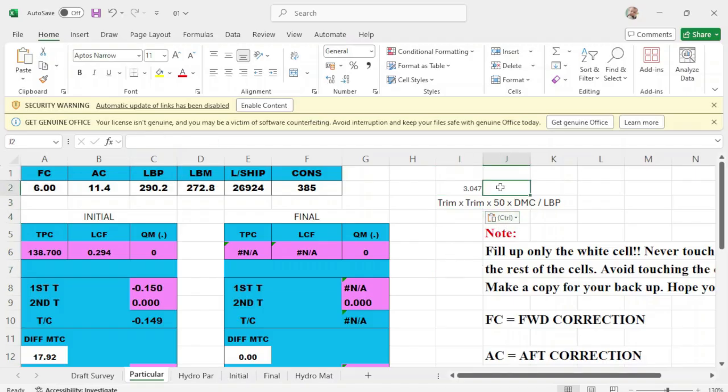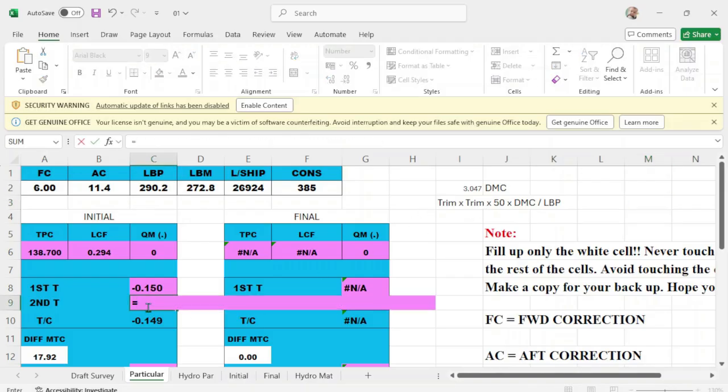So this is your DMC. Okay, that will be trim times 50 times DMC over LBP. So we are now in the second trim. You put equals, say trim times trim. Okay, equals, you go to the survey.